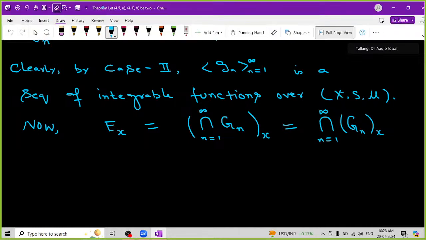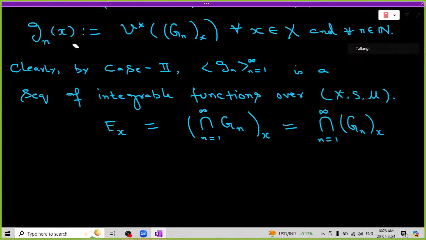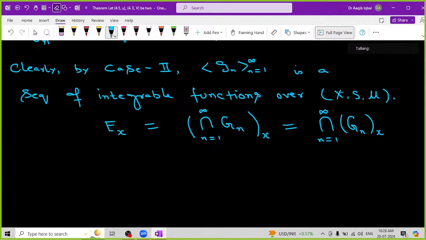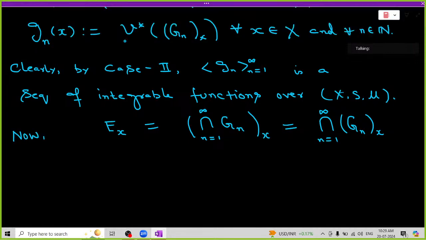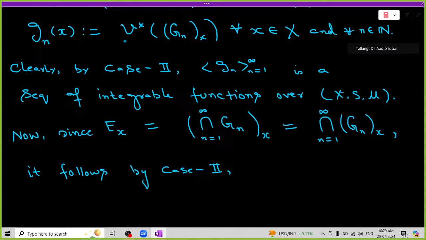You write it this way. Now since this is equal to this is equal to this, again by case second it follows. What follows from case second? In case second we established the result for sigma sets. Gn's are sigma sets, so the x sections of Gn's will be measurable sets.